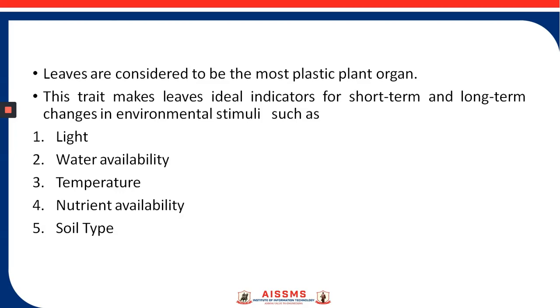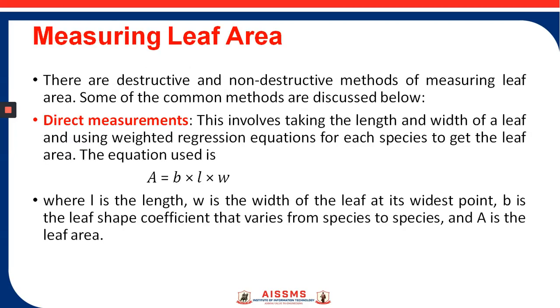This trait makes leaves an ideal indicator for short-term and long-term changes in the environment, like light, water availability, temperature, nutrient availability and soil type. So these environmental factors affect the plant, and this can be shown by the leaf or leaves of the plant, which is an indicator of that. That is why it is called the plastic plant organ.